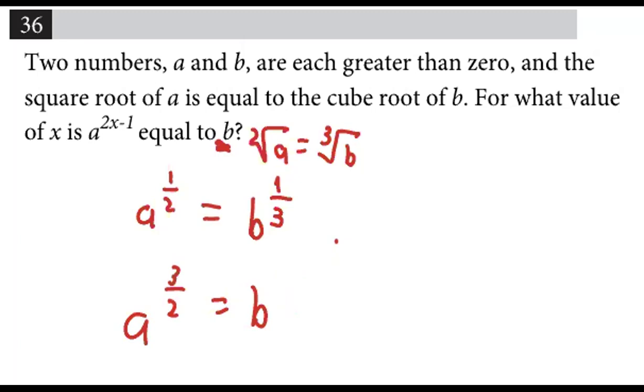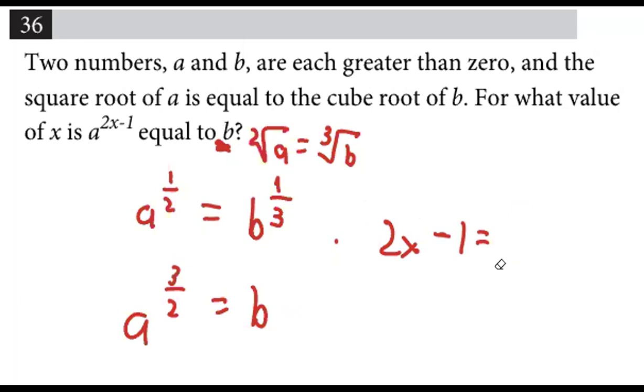And so now that we have that, we need to figure out what 2x minus 1 equals: 3 over 2. So we have 2x minus 1 equals 3 over 2, which I'm going to write as a decimal.